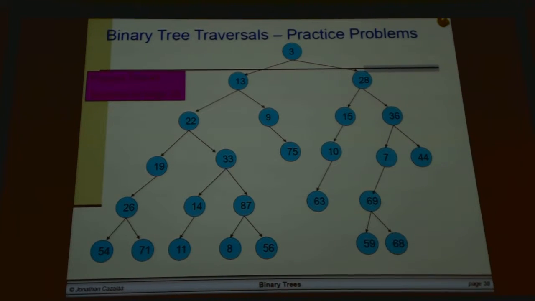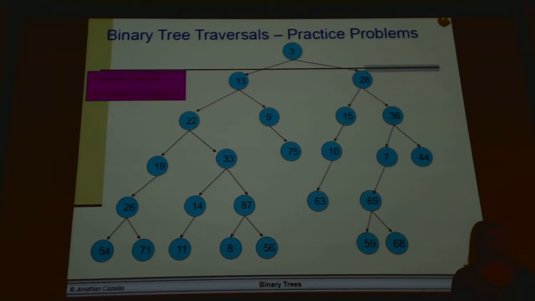Because, so pre-order, in order, and post-order, what methodology are we searching with? Is it breadth first or depth first? Depth first. What does depth first mean? Go to the left. Go as far down the tree levels as possible on the left, and once you exhaust everything on the left, then you can move to the right, correct?